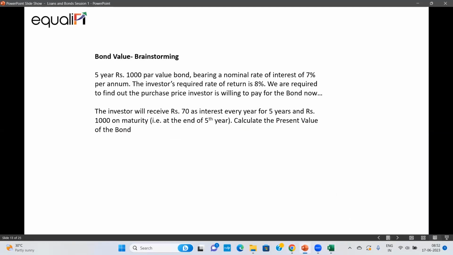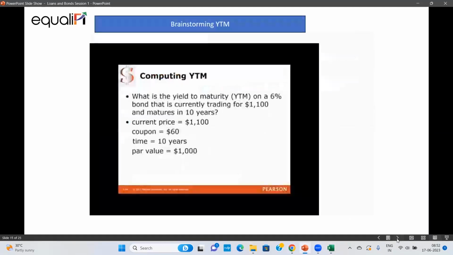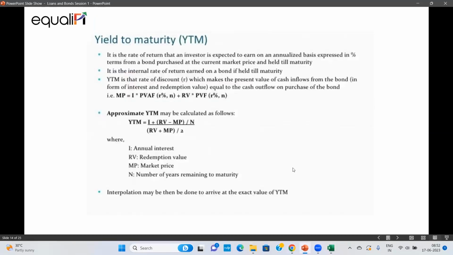Okay. The next problem. This is the problem. 10 minutes given. Could you guys take a snip of this?